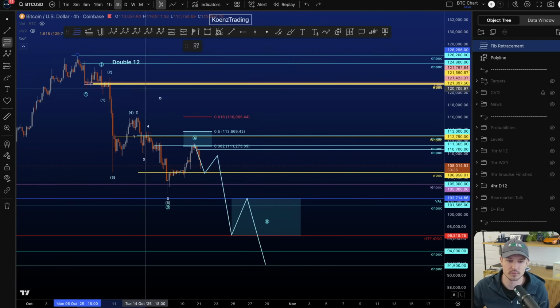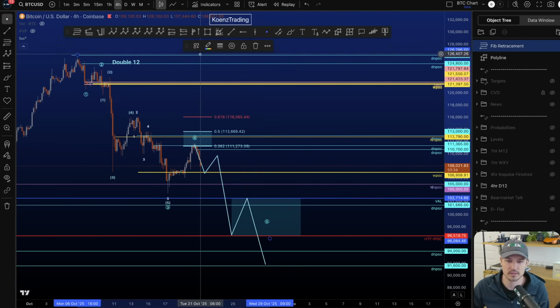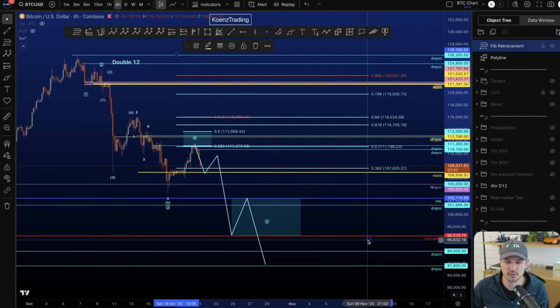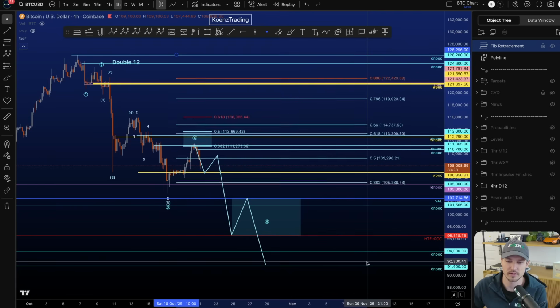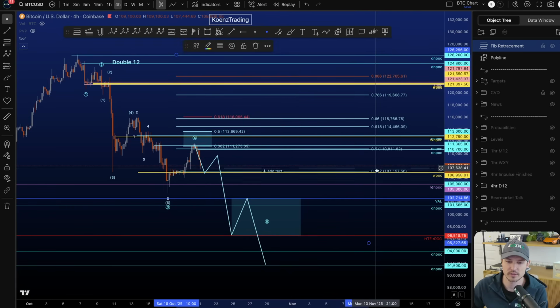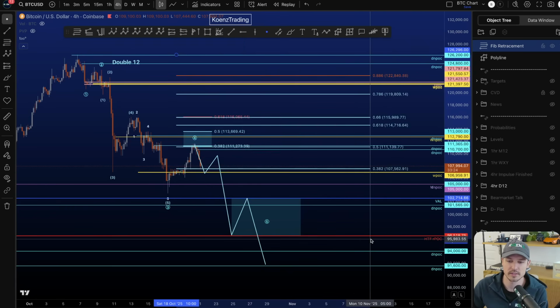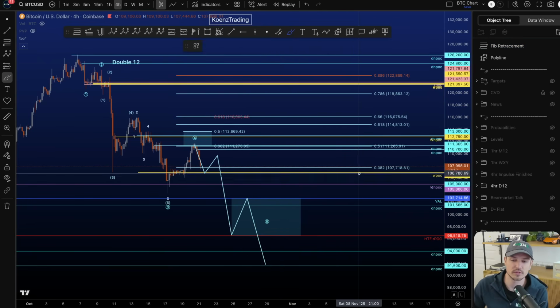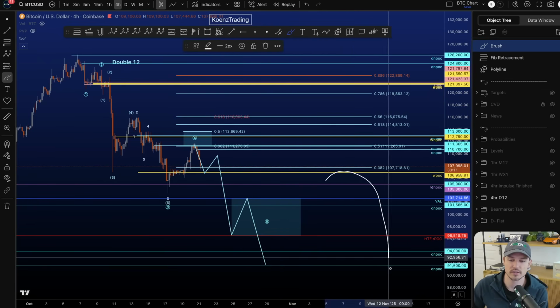Minimum target for retracements is also the 0.382. And if I pull the fib here, you can see that the 382, if price would go down to 96, 94, 91, you can just see that the 382 is low, right? It's quite a low target, but that's a target nonetheless. So the lower price goes, for bears, you don't need a high retracement to still reach the targets and then move down.